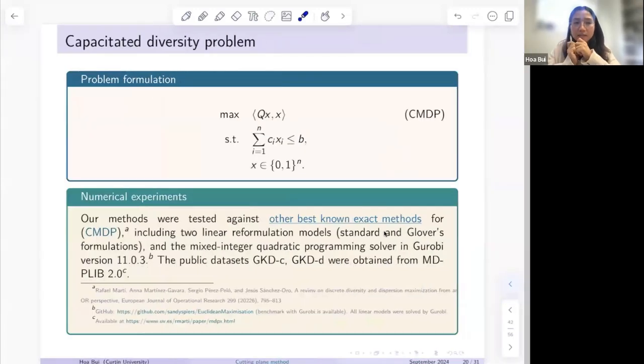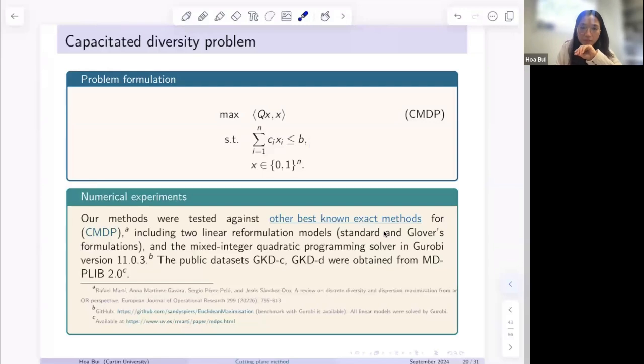Okay, so let's test the idea on the capacitated diversity problem that we mentioned from the beginning of the talk, where we try to maximize a quadratic function with a knapsack constraint, and our decision variable is binary.